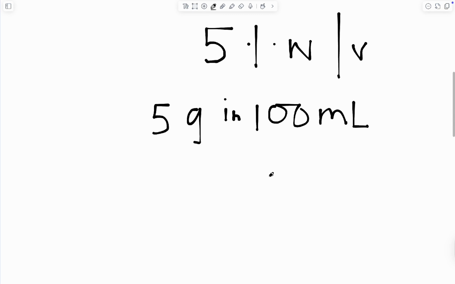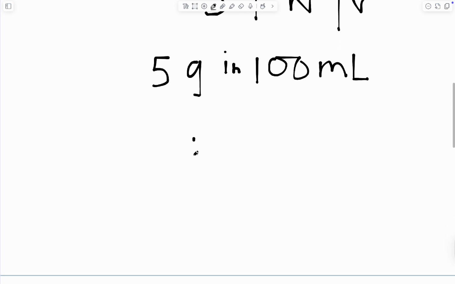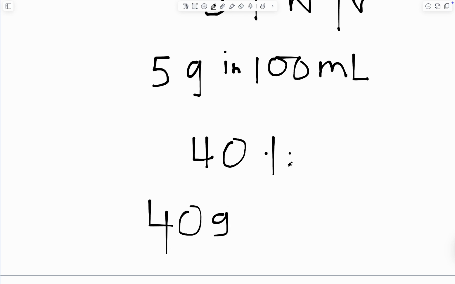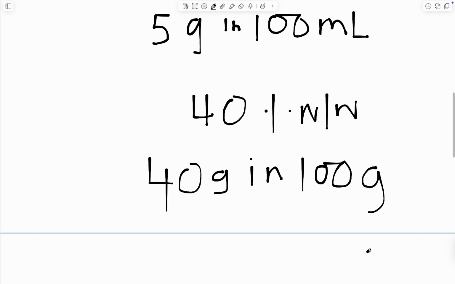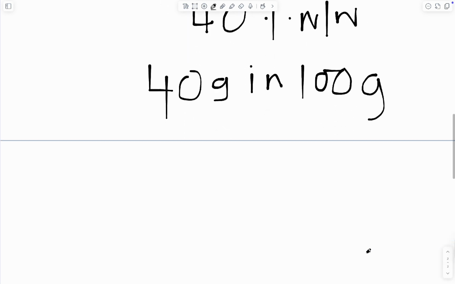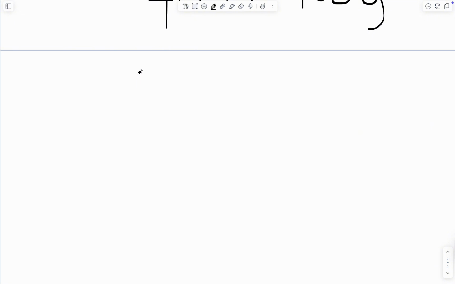So let's say we're dealing with creams and we've got 40%. That's going to be 40 grams in 100 grams, because creams are normally weight over weight, as it's a thick substance. So it's always something in 100. Another example: you can get decimals as well.